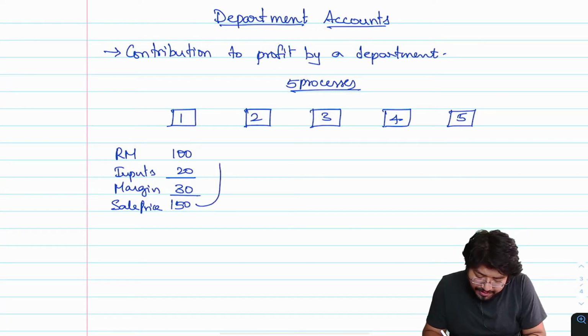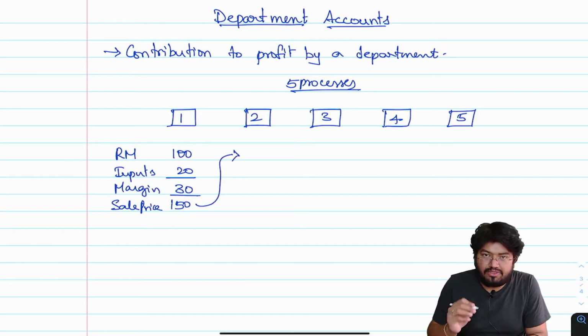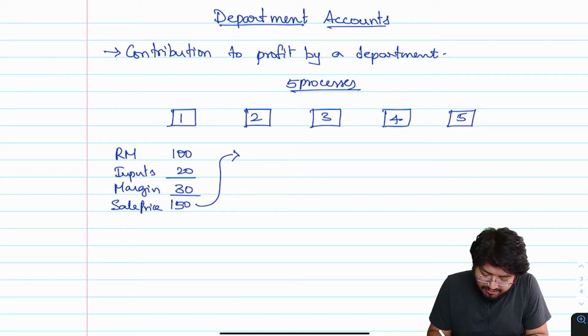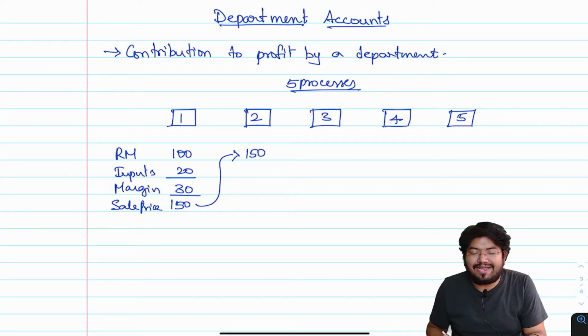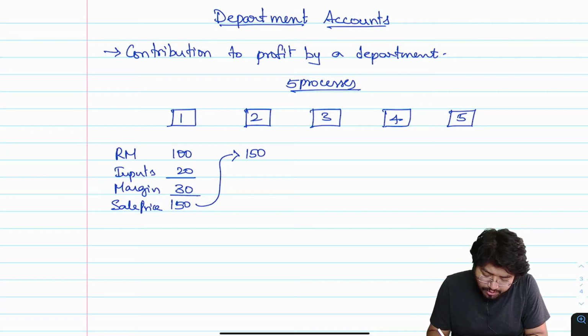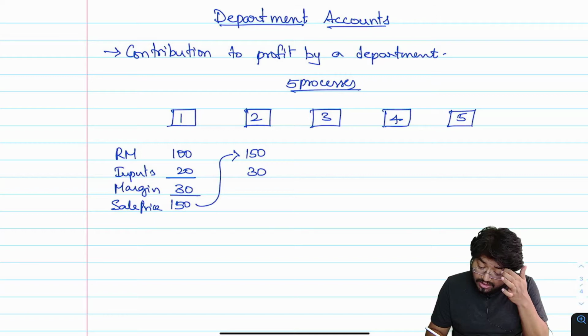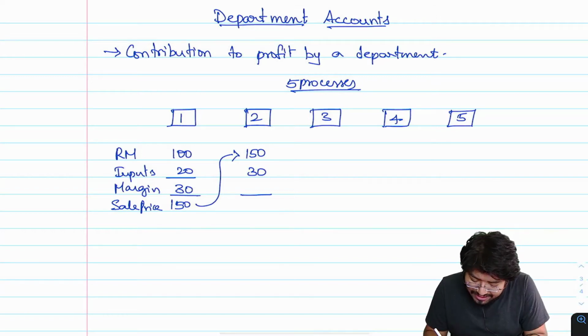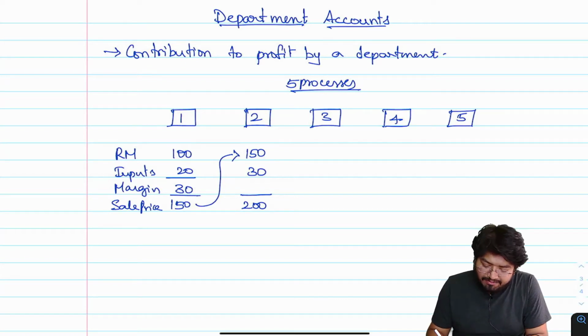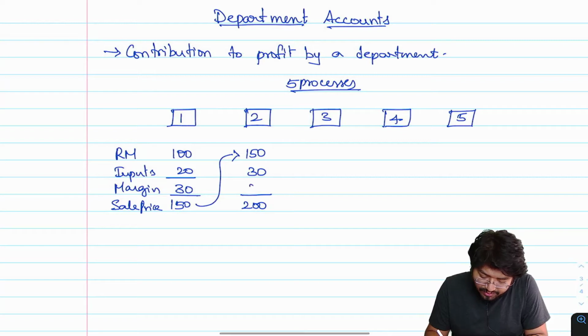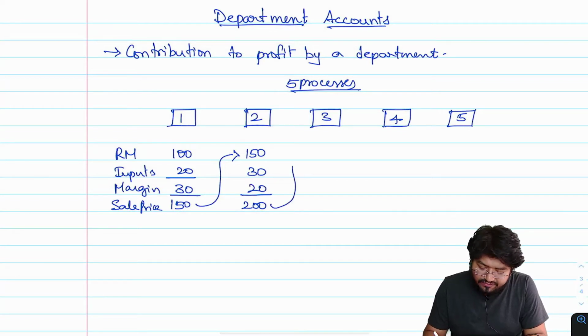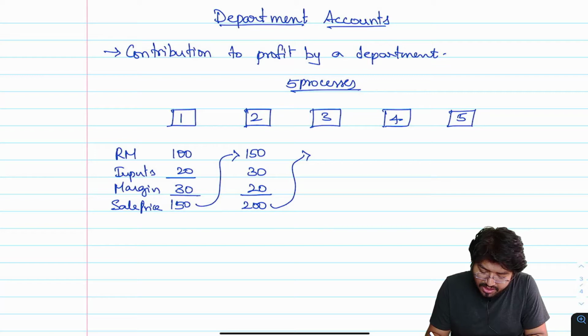This 150 rupees is what goes to the second process, where he would take it for 150 and add inputs of, say, another 30 rupees, and at this juncture, if I buy it outside, people sell it for 200 rupees. That means the markup they are supposed to earn is 20. Again, this will go to third, at 200.